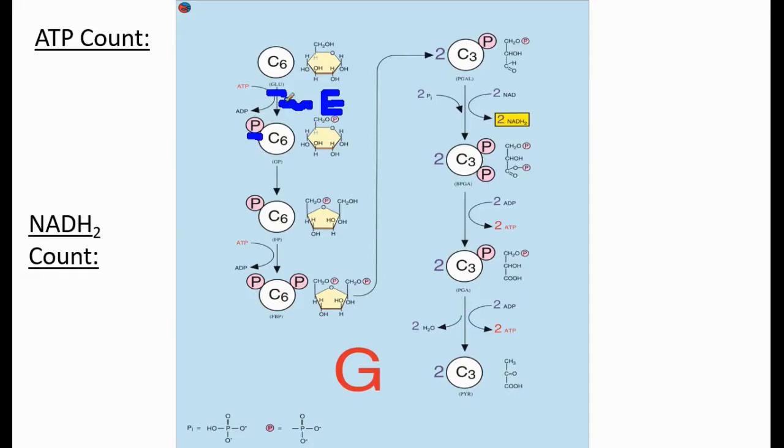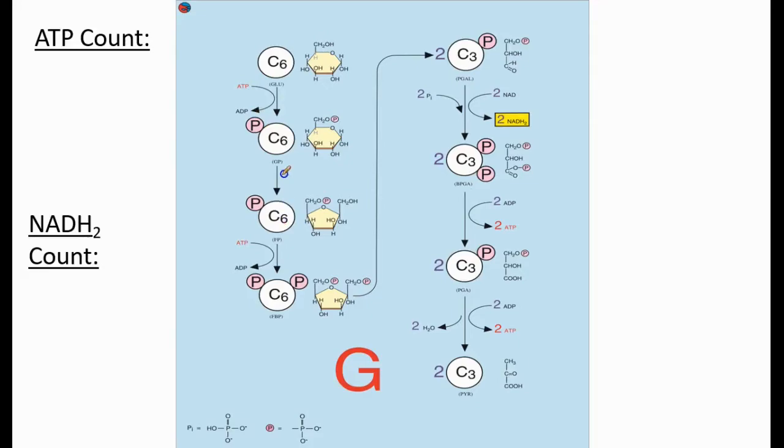So when we go from glucose to this first molecule, which has a phosphate group, we are using the phosphate group from the ATP, so that means that 1 ATP is used up, so I'm going to put -1. In the first step, 1 phosphate is added, so that means 1 ATP is used up.